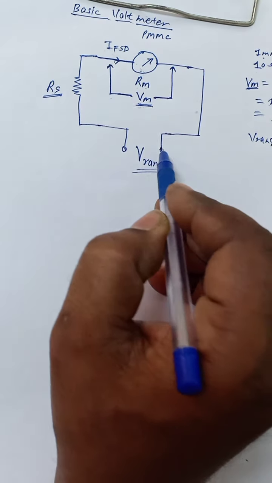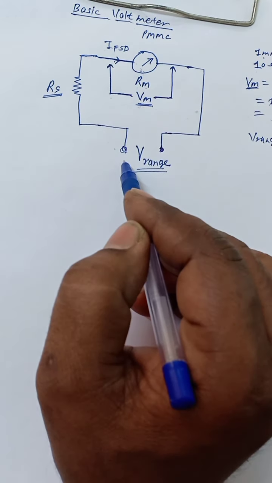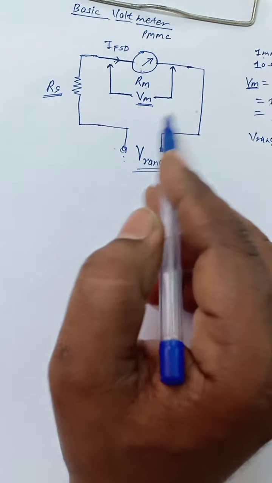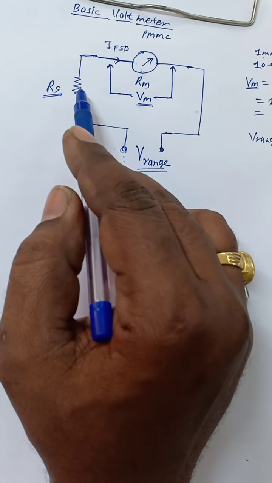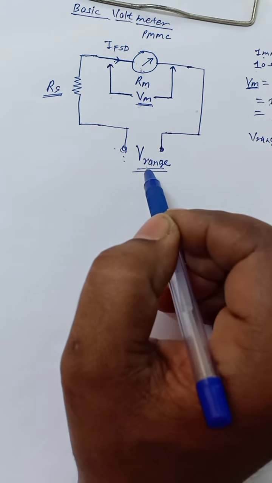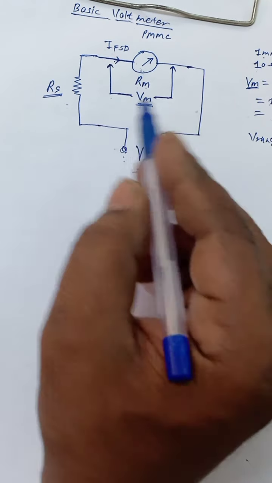So V range, as I said, is the voltage we are going to apply here. Only 10 millivolt is dropped here and the remaining is dropped across the RS. That means V range equals the voltage across RS plus the voltage across the meter.